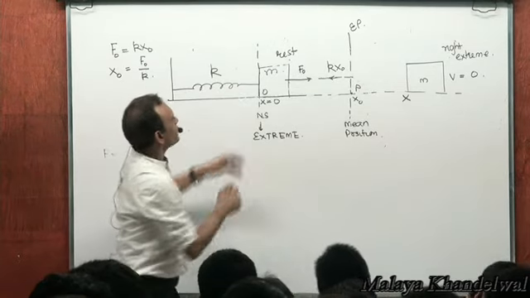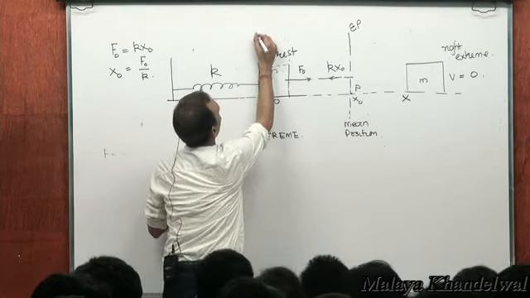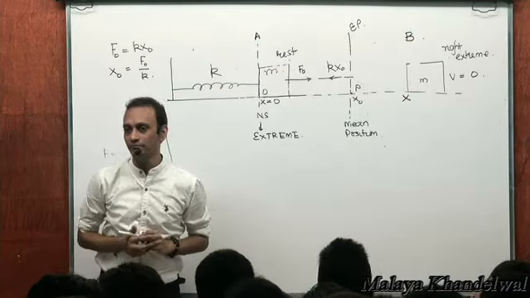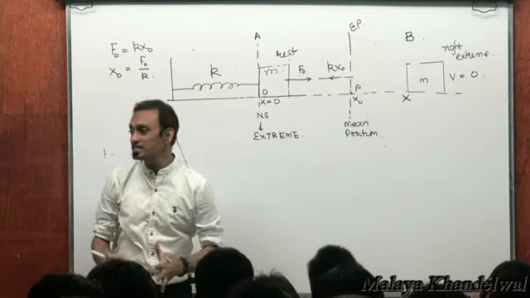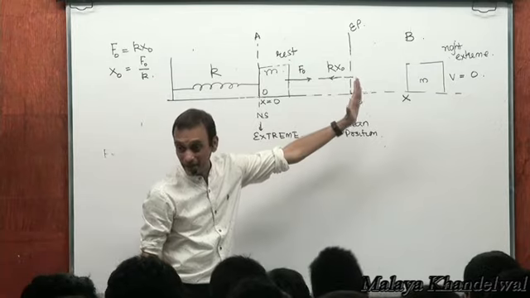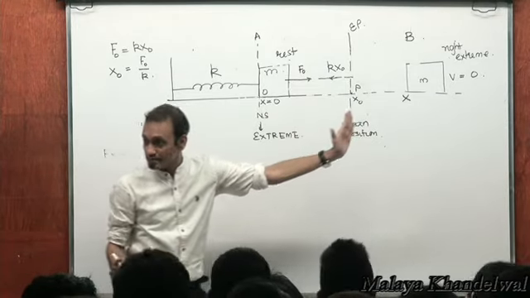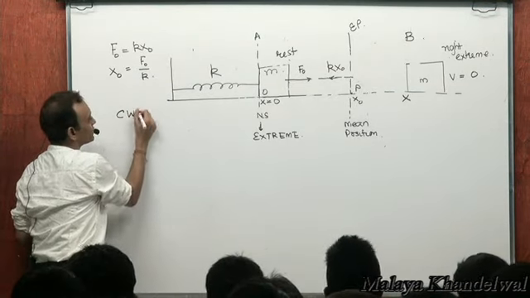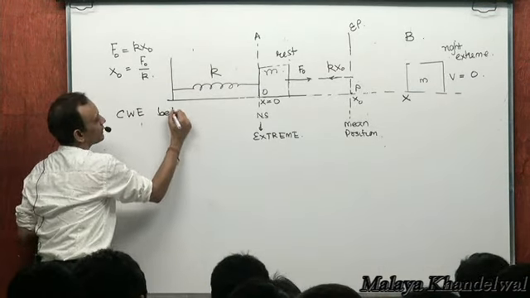Now, between this position, let's say, A, and this position B, let me apply the classical work energy theorem between states A and B, which are the two extremes, right?